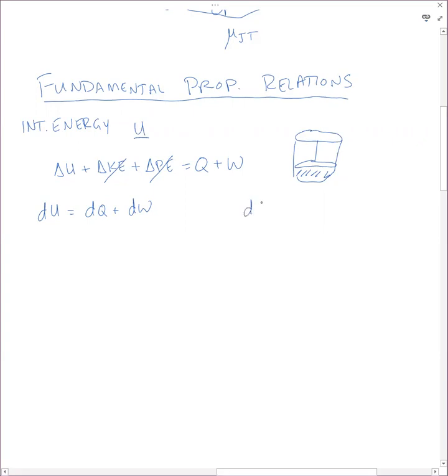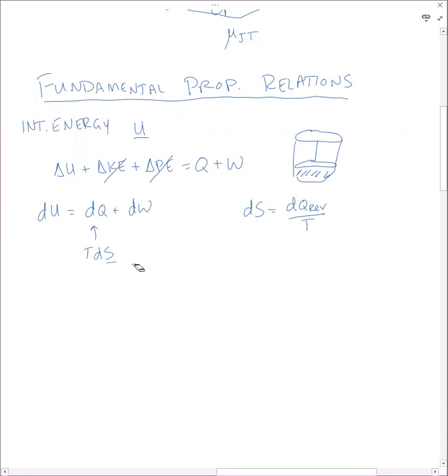Remember, the definition of entropy is dS is equal to dQ for a reversible process over T. This piston cylinder system is a reversible process if we move the piston slow enough and the other 4 criteria are satisfied. So we can simply solve for this dQ rev, call it dQ simply, and say that dQ is equal to TdS.